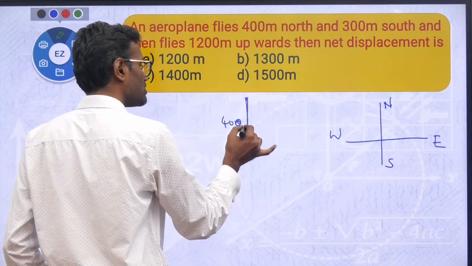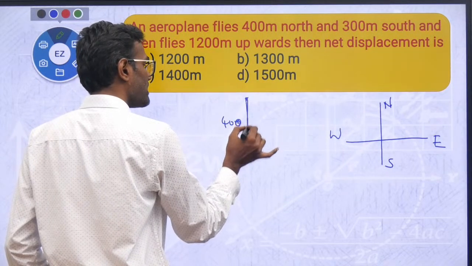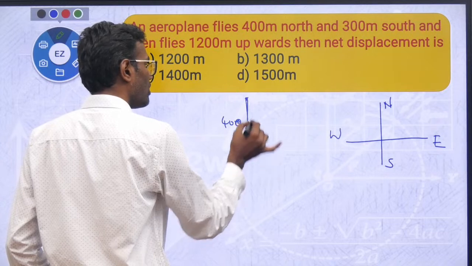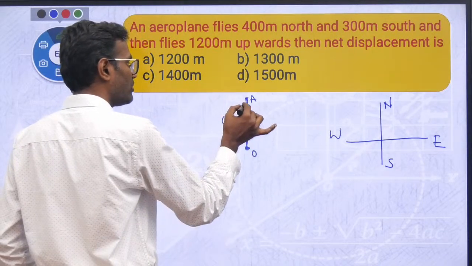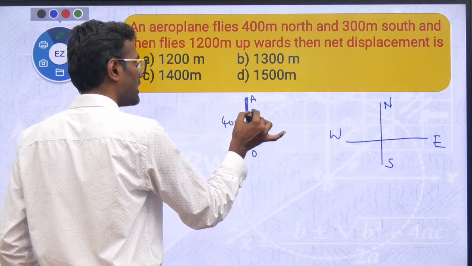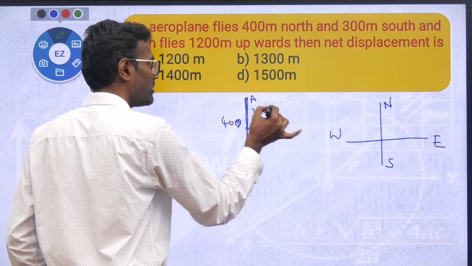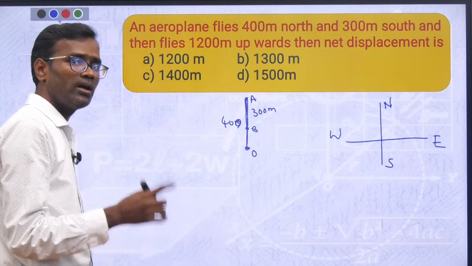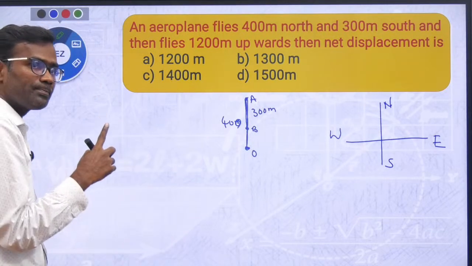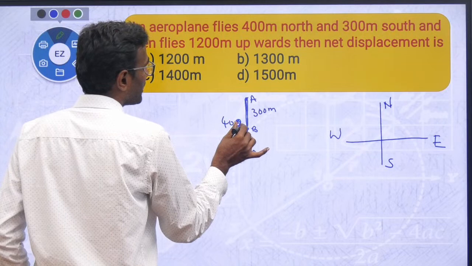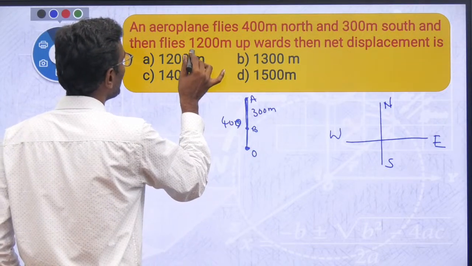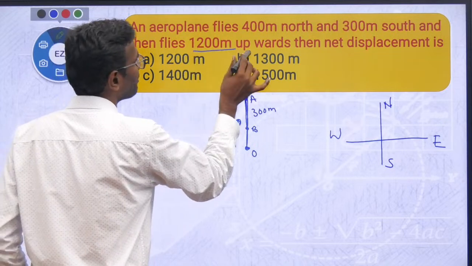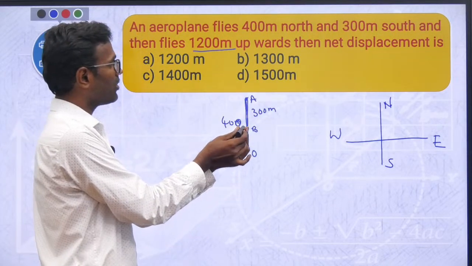This is 400, the starting point O, then A, and again he comes back to B. This is 300 meters. Now from B onwards he flies upwards like this.